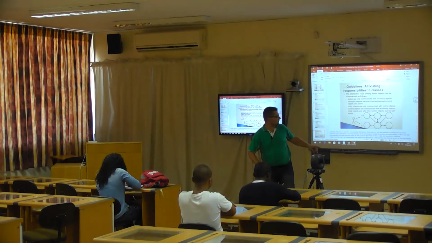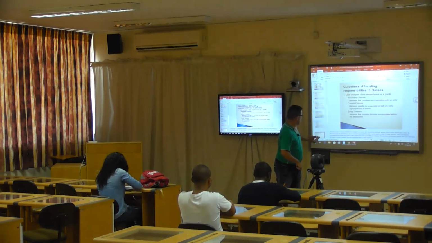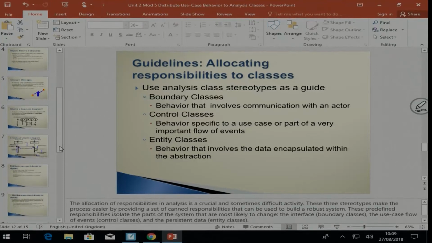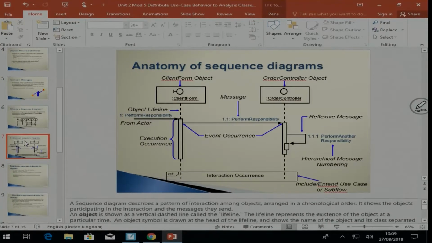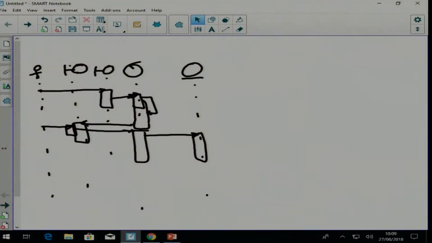Okay. Now, something I just want to point out is that when we look at the diagram, in analysis, we do not really see the returning message. What do I mean by that? When we go to our diagram, can we see the data which is being returned?